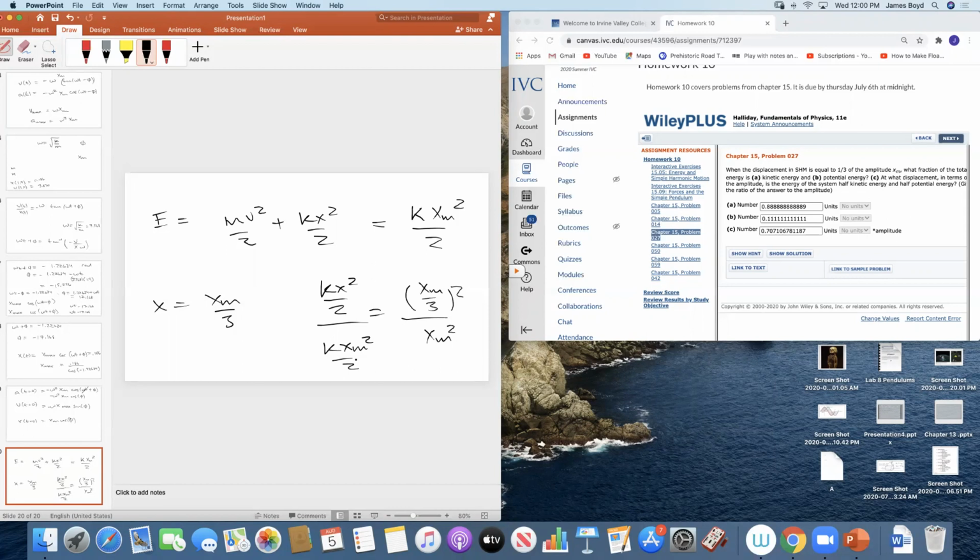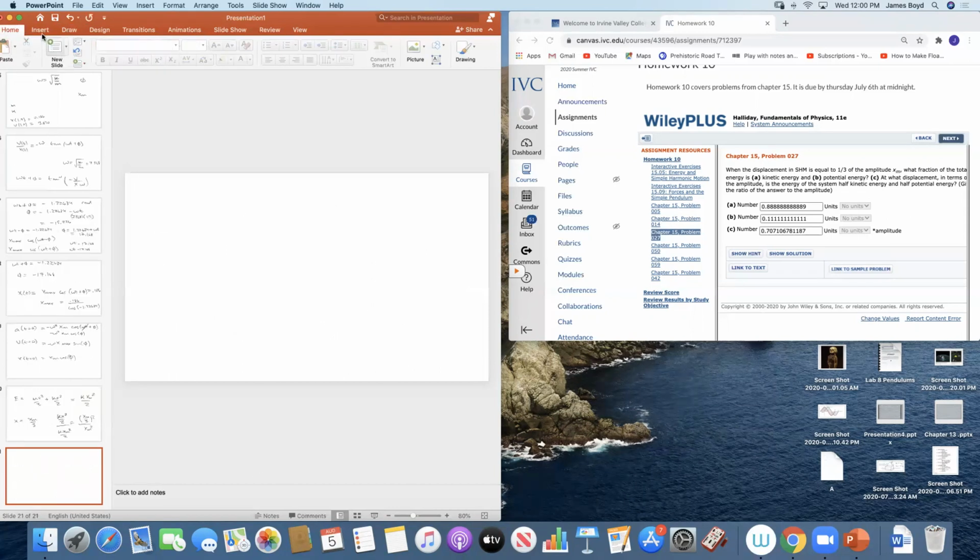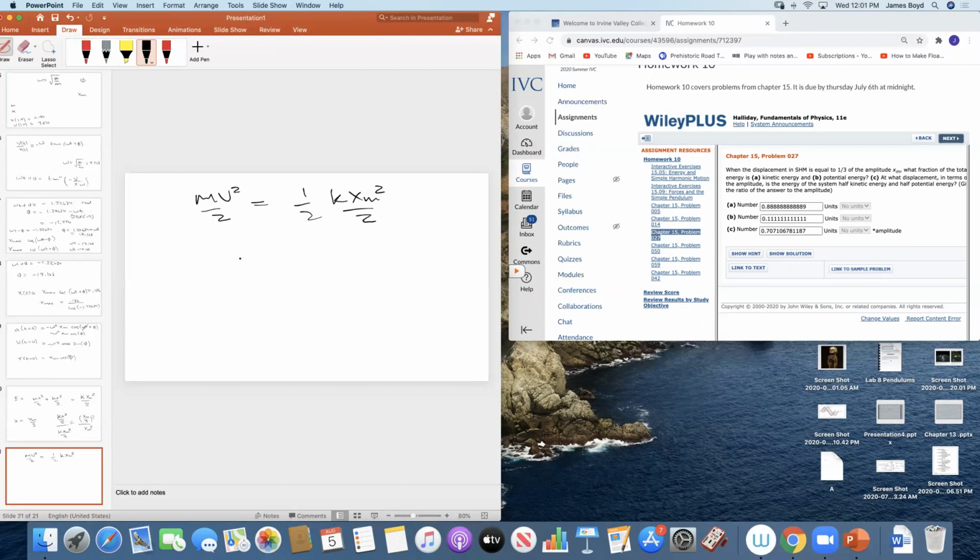That's easy enough. The second part is that they say, well, what about when they're each half? So if mv squared over 2 is equal to 1/2 times kxm squared over 2, and kx squared over 2 is equal to 1/2 kxm squared over 2. They want to know what x is, right?